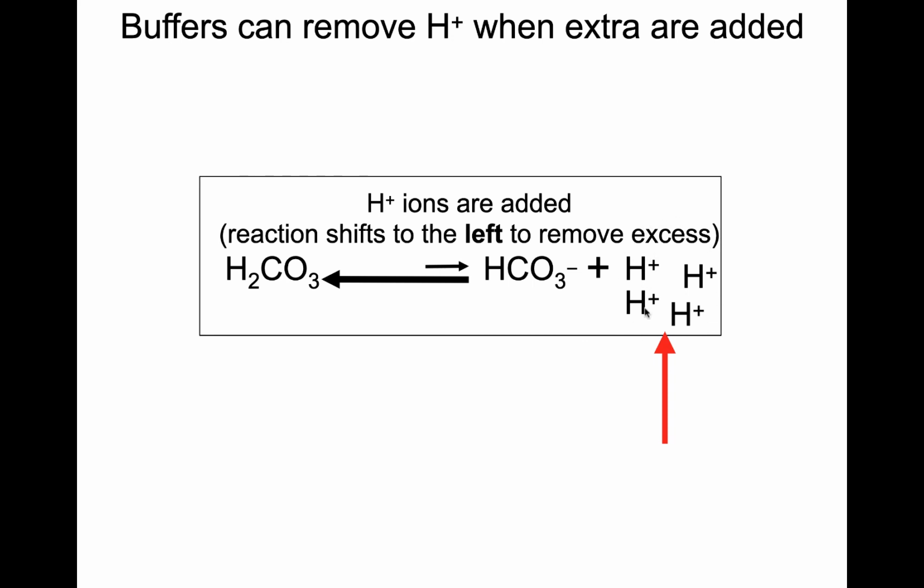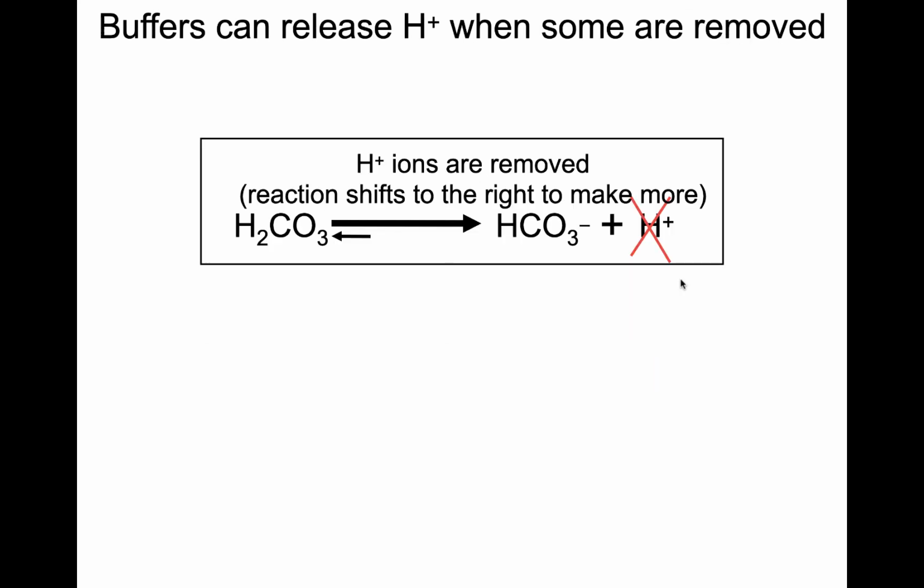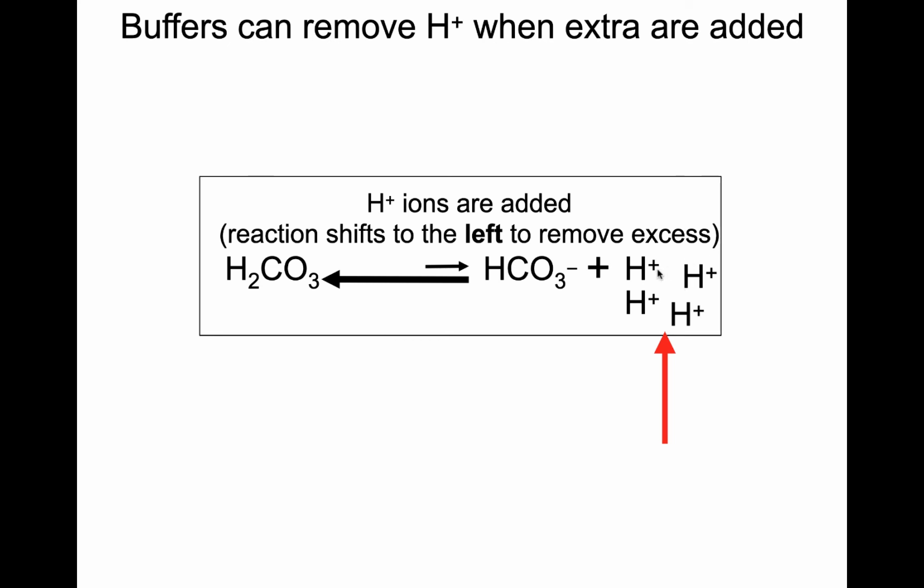Well, that's going to mess up our equilibrium. So now if we've suddenly increased the hydrogen ion concentration, we are going to drive this reaction in the reverse direction. These bicarbonate ions are going to suck up some of these extra protons and become the conjugate acid. And in doing so, we're minimizing that change in pH.